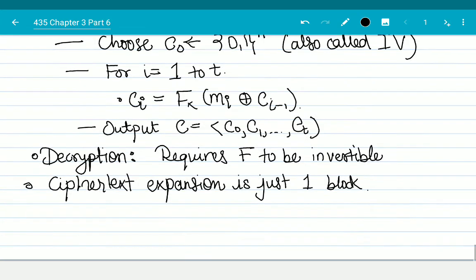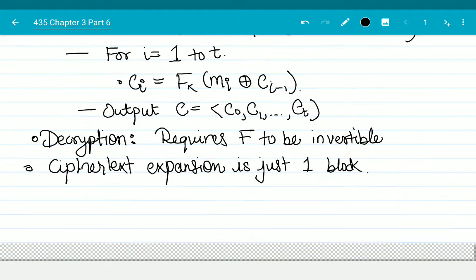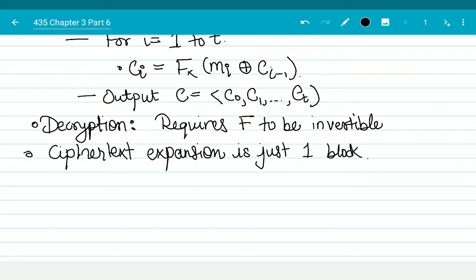Rather than n blocks, the same number, this is one block. Okay, I'm not going to prove that this is secure, but for now you should just assume that it is.